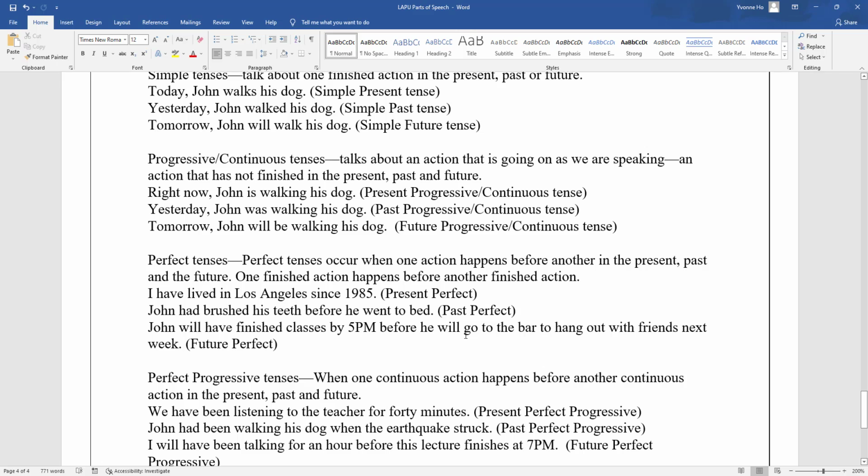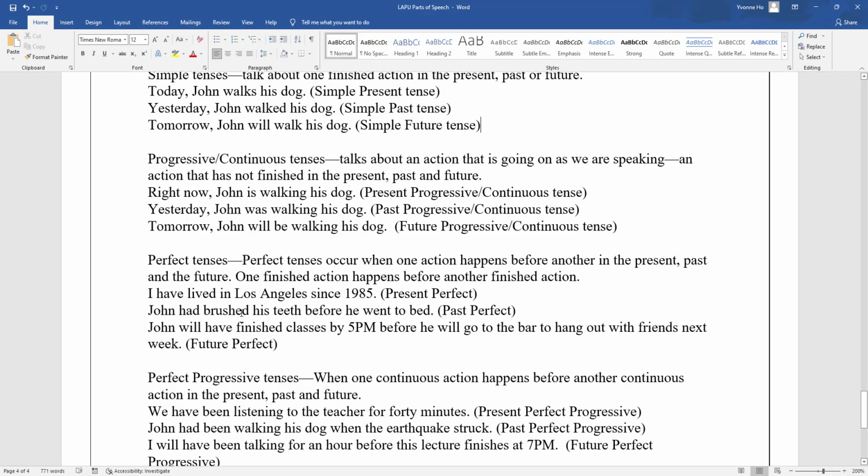So here you have two finished future actions, one happening before the other. Okay, so two actions, and every time you have have plus a past participle. So lived, brushed, and finished are all past participles. In other words, the past tense of a regular verb.